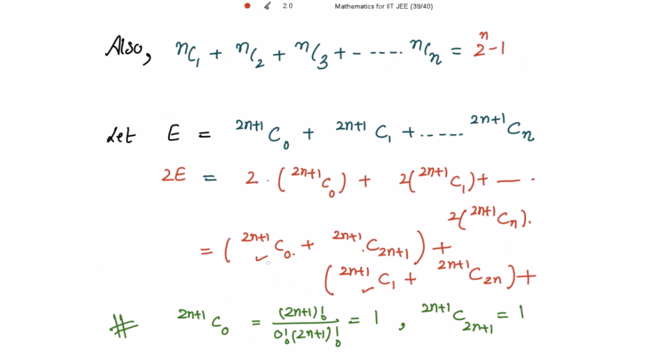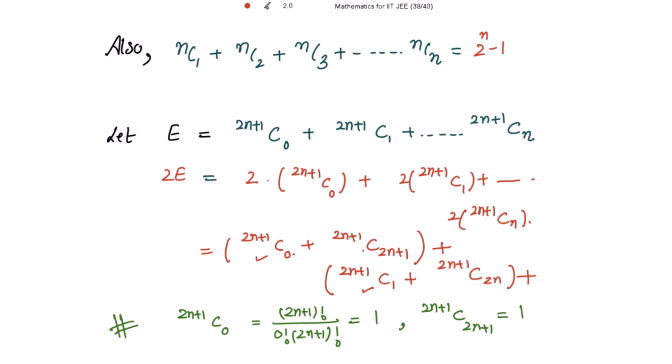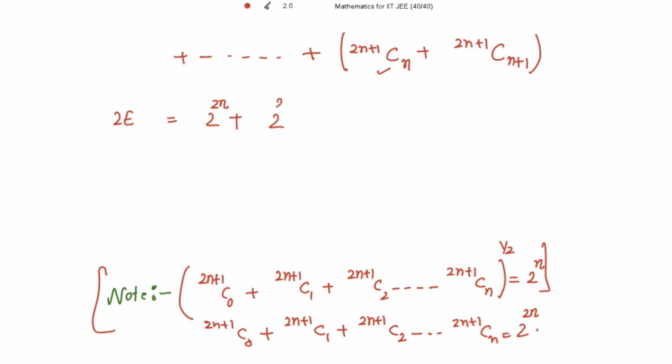So writing the sum of all these terms to be 2 to the power 2n plus the sum of the remaining terms, because these two terms are equal and similarly other terms are also equal to each other, so the sum of the remaining terms is also equal to 2 to the power 2n.